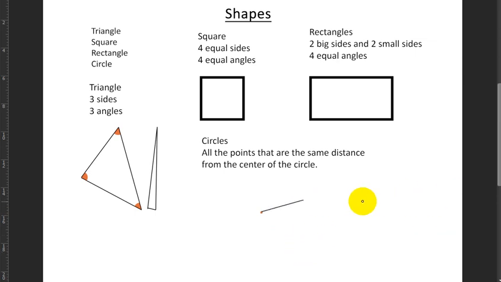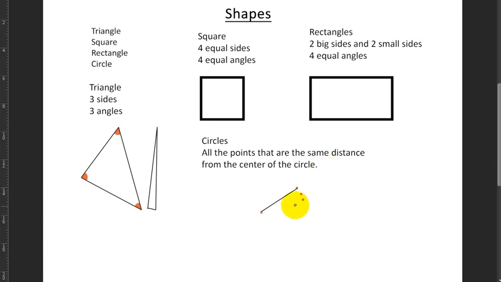Okay, well, here's a point that's at exactly that distance from the center, and then we can make another one. Let's make another one. So I would make another one here, and then I would make another one here.